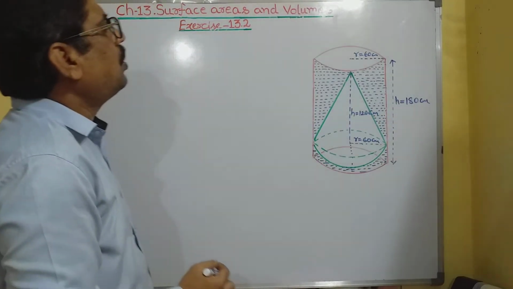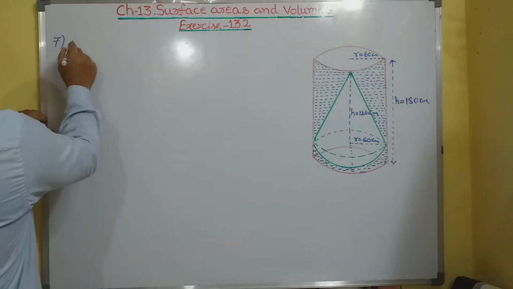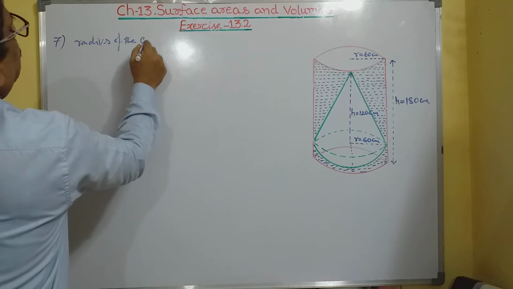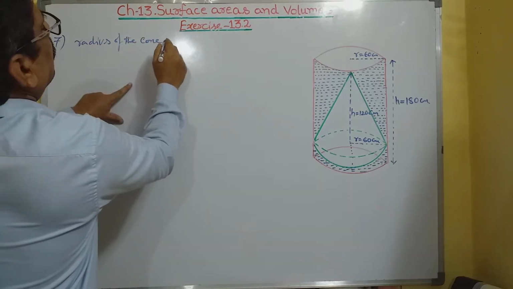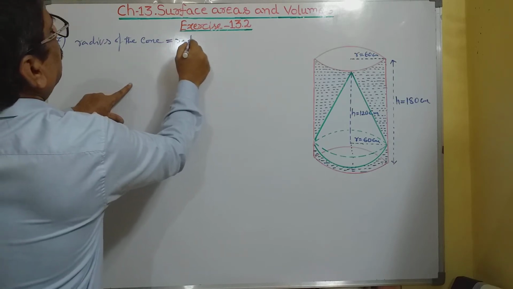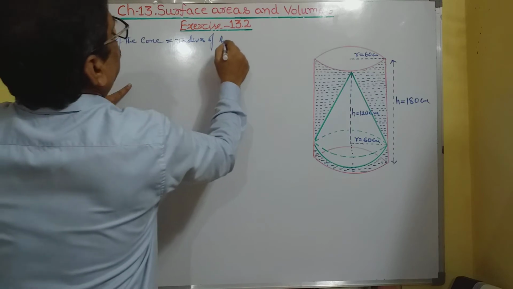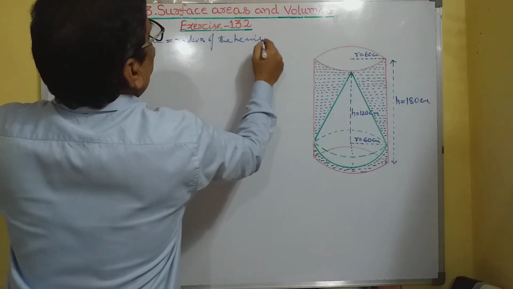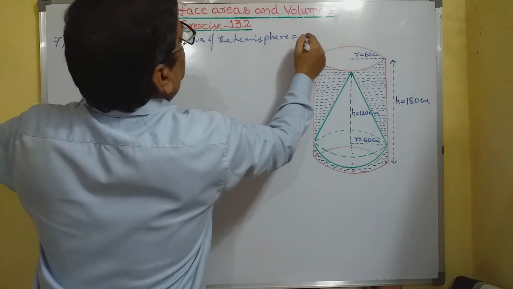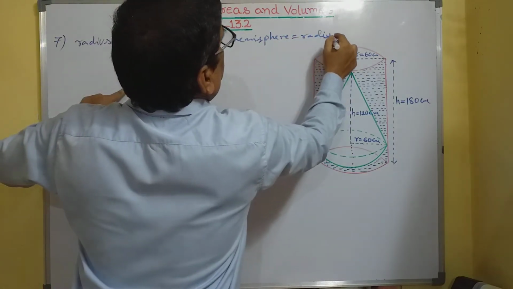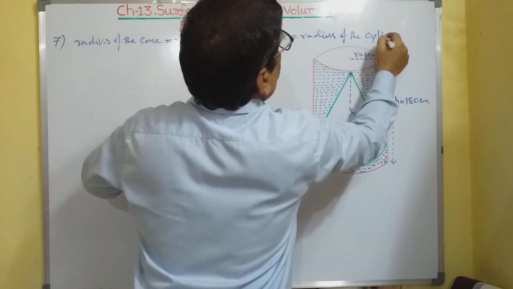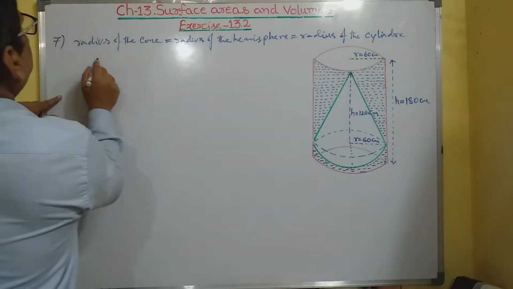Now look at this. What is the information given? The radius of the cone is the same as the radius of the hemisphere, which is equal to the radius of the cylinder. All are the same.